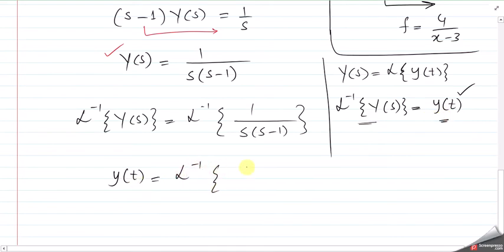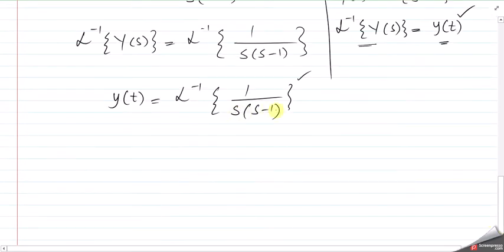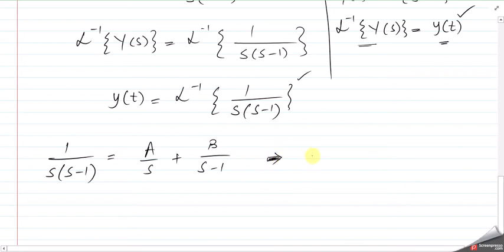But now we have another problem. How do we calculate inverse of this thing? As you remember, I hope, we can use partial fractions because these are two linear terms multiplied. So we write 1 over s(s minus 1) as a over s plus b over s minus 1. This implies 1 equals a times (s minus 1) plus b times s.